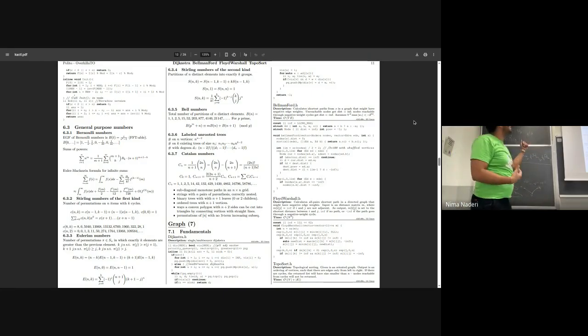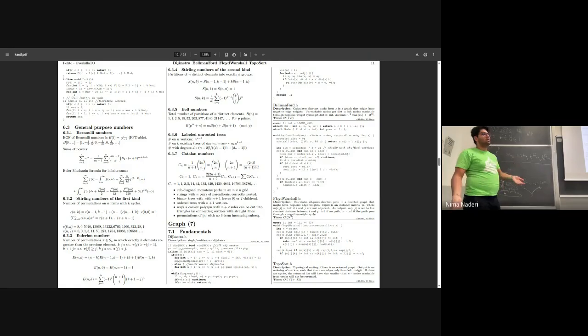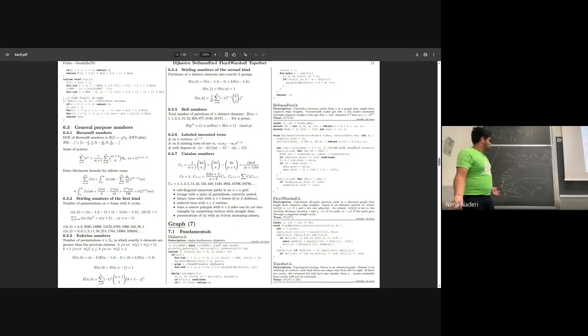So again, Bellman-Ford. You have a set of sources, and you want to find the shortest path from those to the other vertices. It can be a single source or multiple sources. But the point is that for each vertex, we again have a DP for the distance of that vertex, and we want to update it. Initially, all of them are infinity. Each time we add an edge, we relax the DPs of its two endpoints.